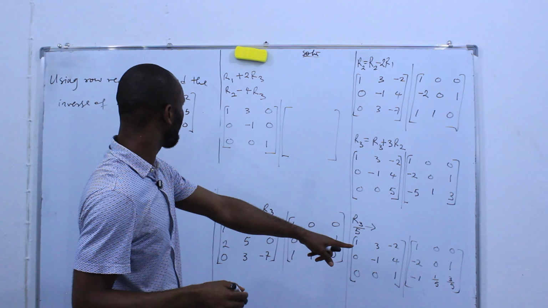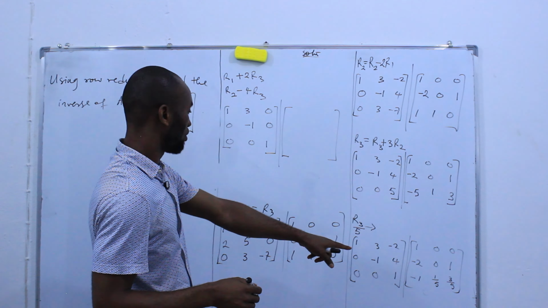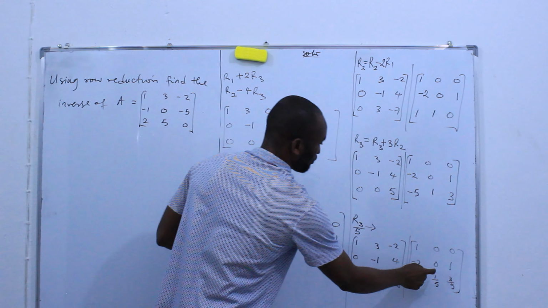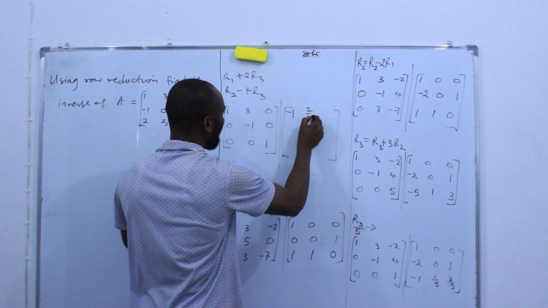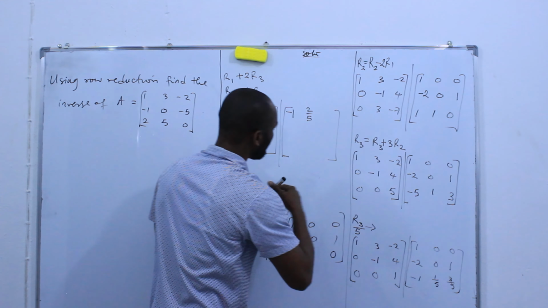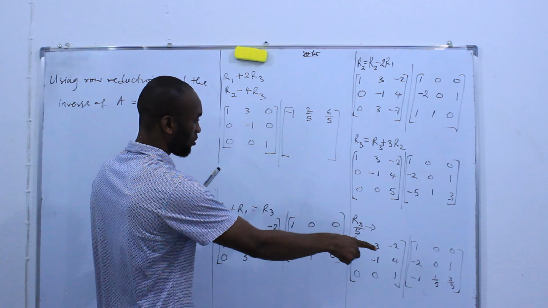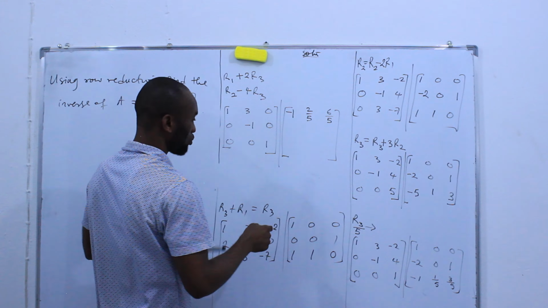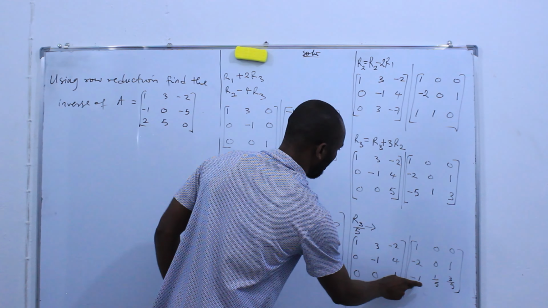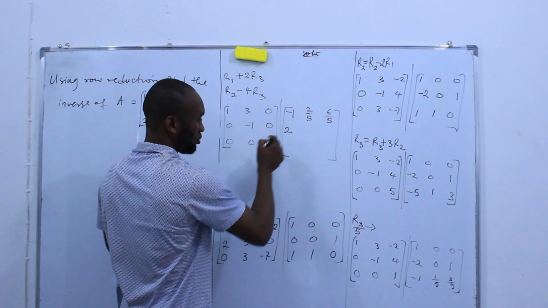And then on this front, row 1 plus 2 row 3 will give us 2 times row 3, plus that one, minus 1. 2 times this gives 2 over 5. 2 times that gives 6 over 5. That is for row 1. Then for row 2, multiply by minus 4 and add, we'll be having 2.